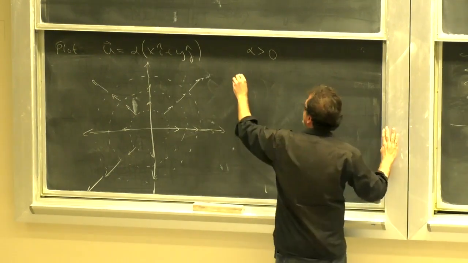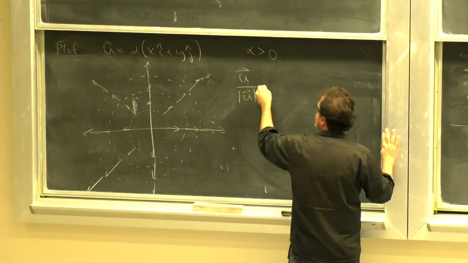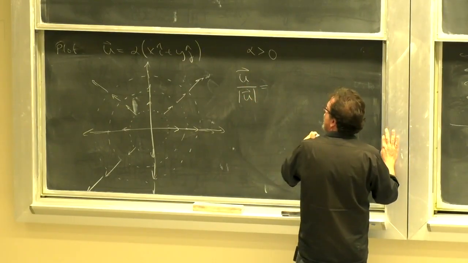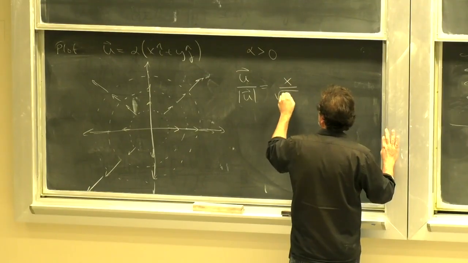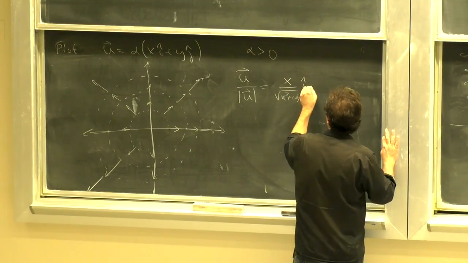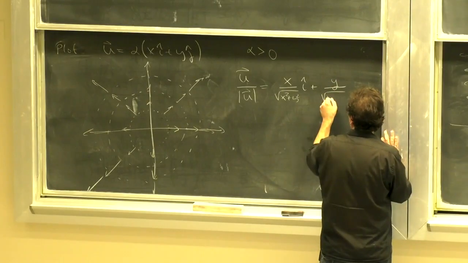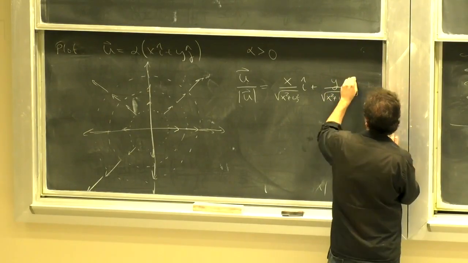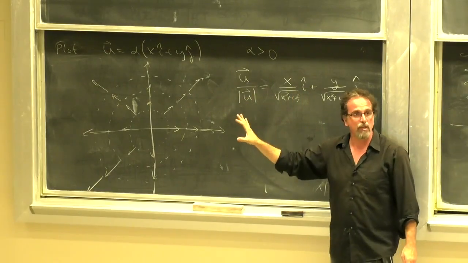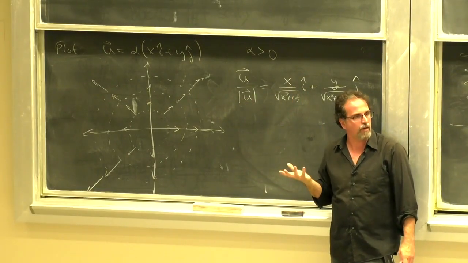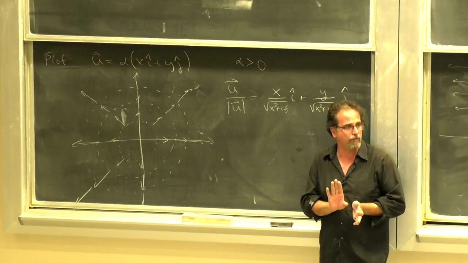If I were to take u vector and divide it by the magnitude of u, we know that this is a unit vector by definition, and this is going to be equal to x divided by the square root of x squared plus y squared i hat plus y divided by the square root of x squared plus y squared j hat. And this, my students, is the direction of that vector field, right? U, the vector divided by its magnitude, is purely a directional thing.